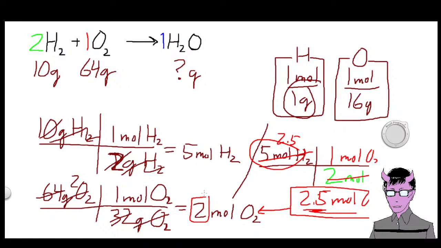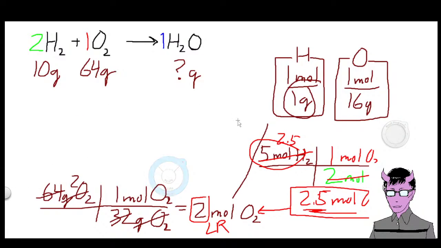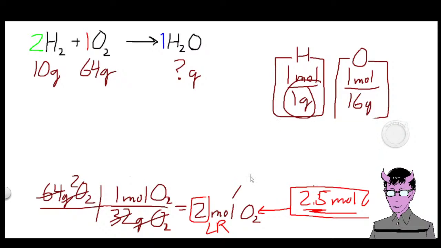We will base our production of water off of our limiting reactant, which we just figured out. That's limiting. So no need for that anymore at the moment, so eradicate that.